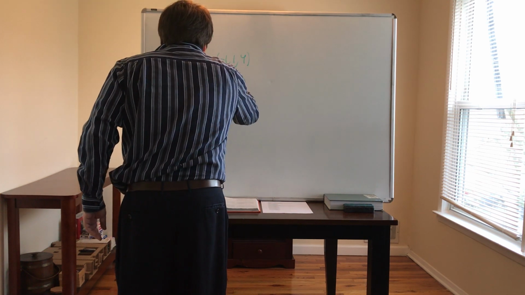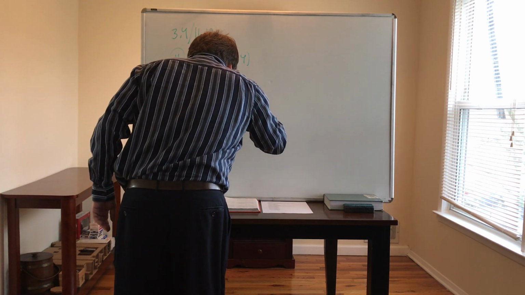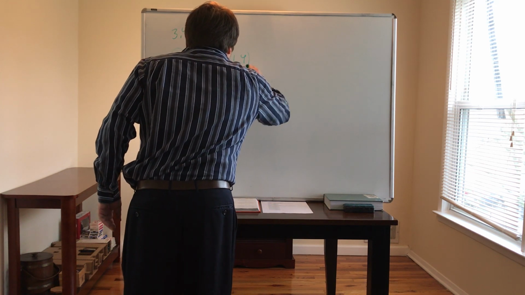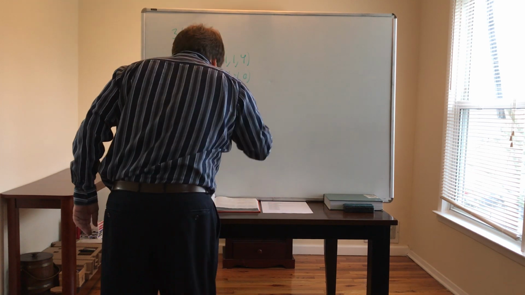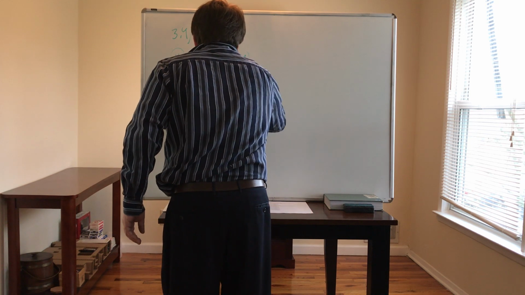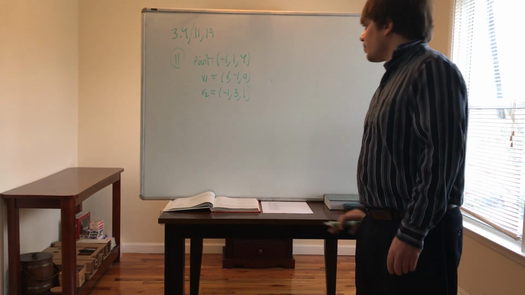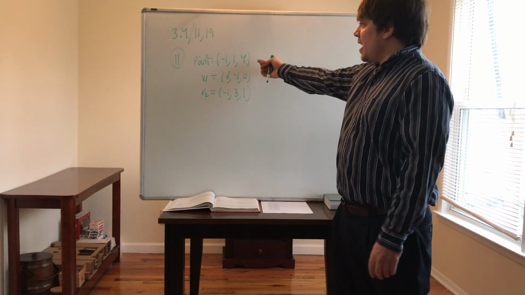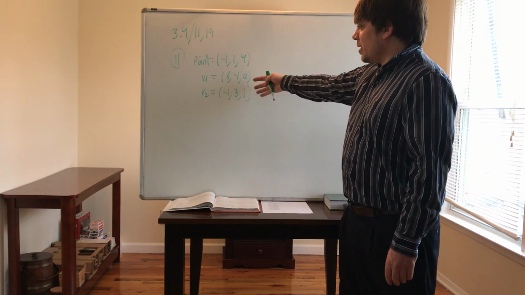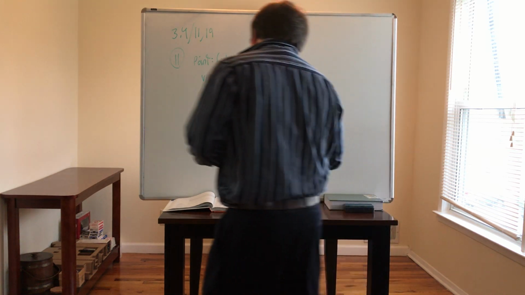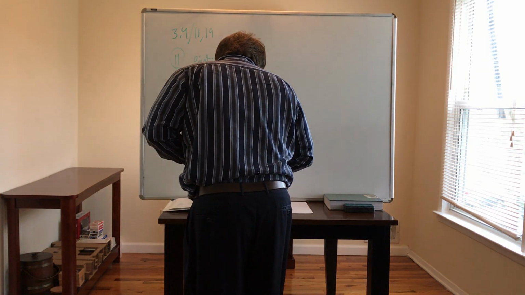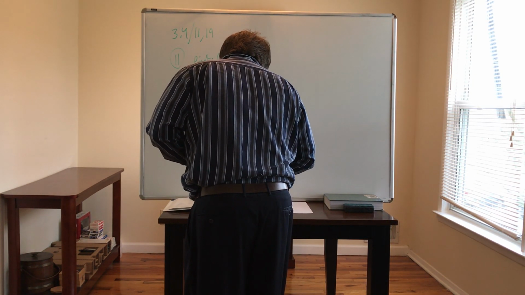And the vectors are v1, which is the vector (6, -1, 0), and v2, which is equal to (-1, 3, 1). So we want a plane that has this point on it and is parallel to those two vectors.